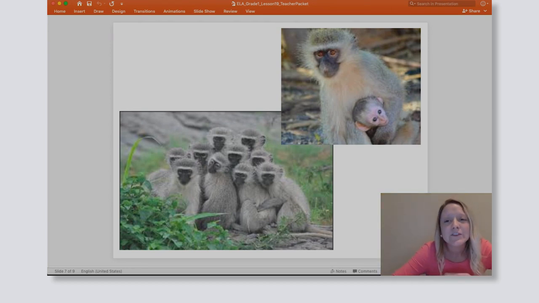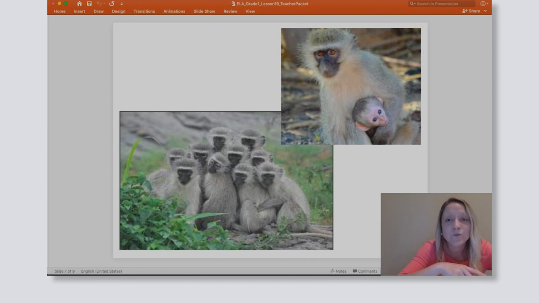Now, even though the story does not tell me exactly how sneaking away in groups teaches the monkeys, I can make an inference, right? My brain starts thinking and inferring that I can make my best guess that they are learning how to work in a group and how to stay away from danger, right?